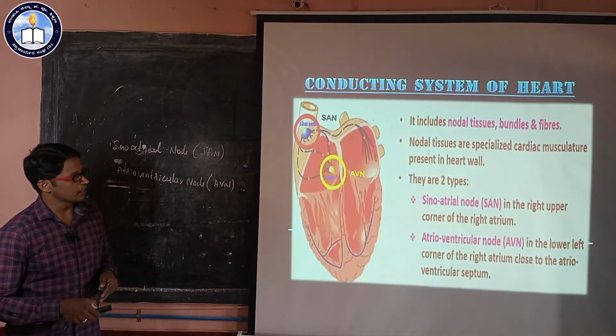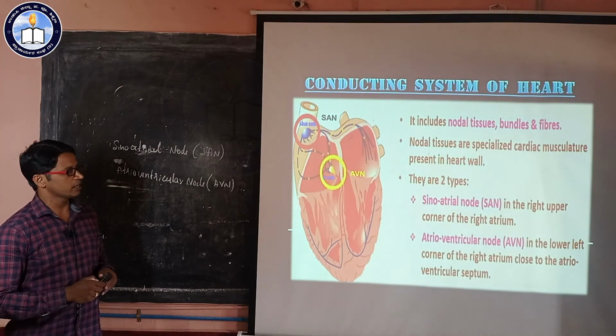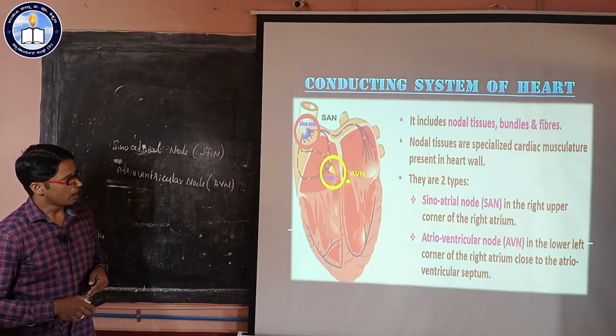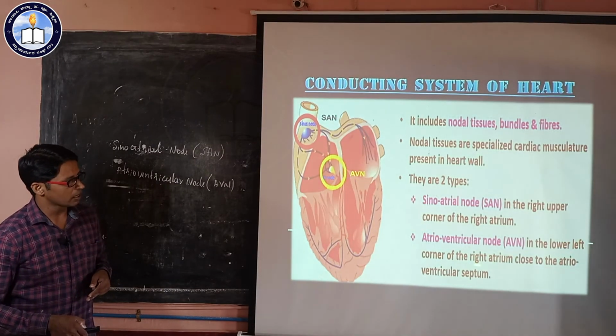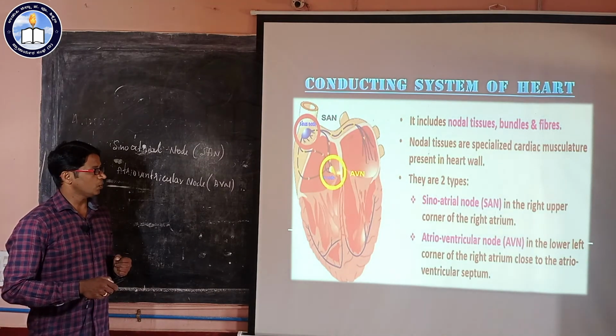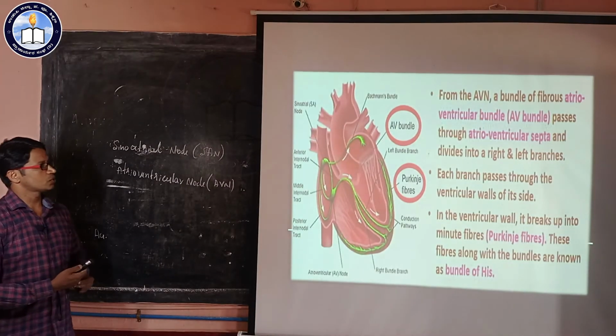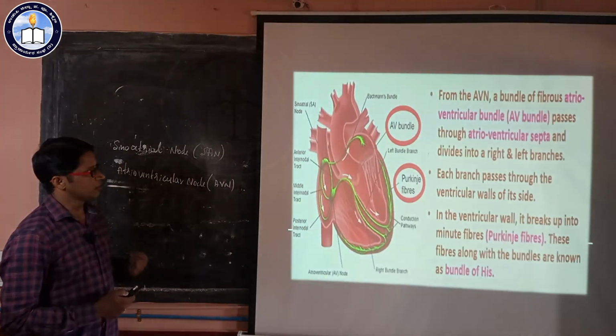The sinoatrial node is present in the right upper corner of the right auricle or atrium, and the atrioventricular node in the lower left corner of the right atrium, close to the atrioventricular septum. This is about the nodal tissues.